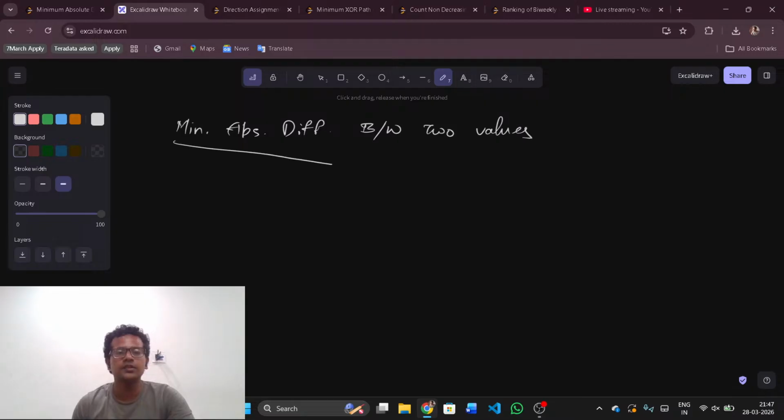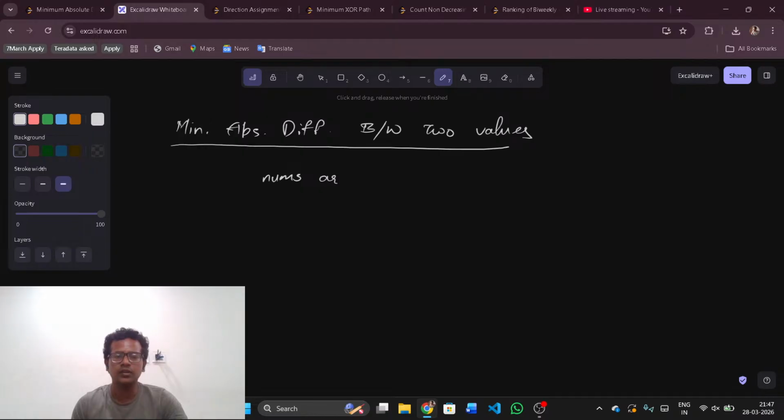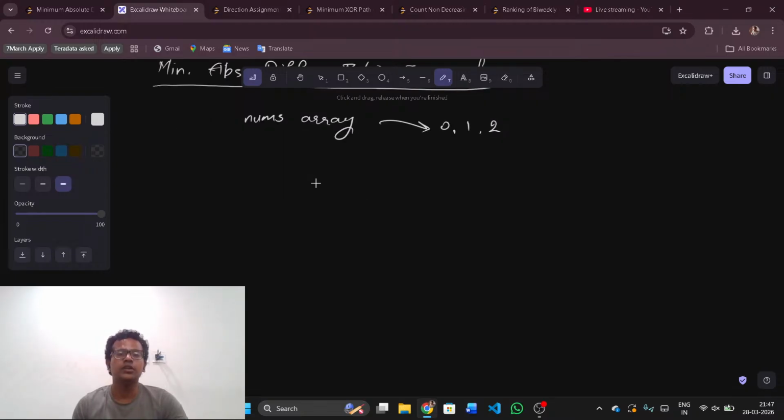So first, we are given the nums array, and this contains 0, 1, or 2. Now our intuition or thought process: what we need to return is the minimum difference.